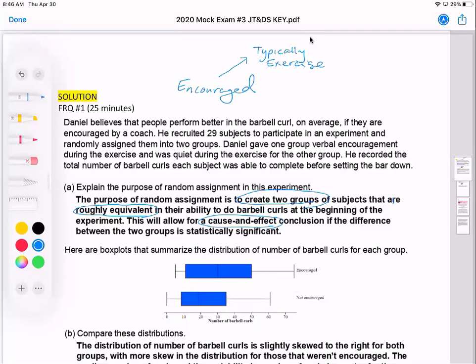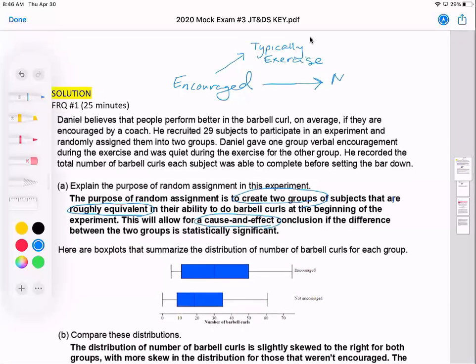They know that they need encouragement as they exercise. The cause and effect we'd like to know is that being encouraged, that treatment, leads to more curls.